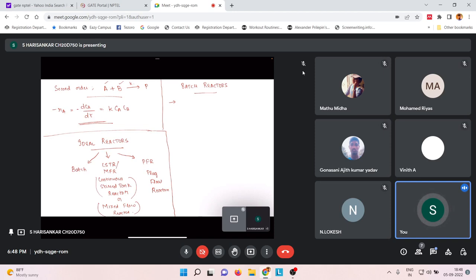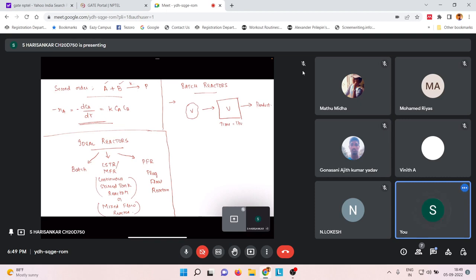So batch reactor means you process, let's say you have this much amount of reactant, the volume V, and you put it in a batch reactor, which is also V, and we'll get the final product. So basically, you take some amount of reactant, put it in the reactor. Let's say the reaction time is 1 hour.